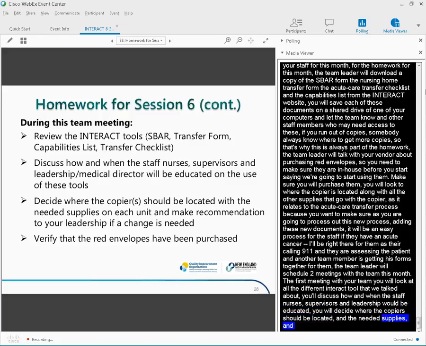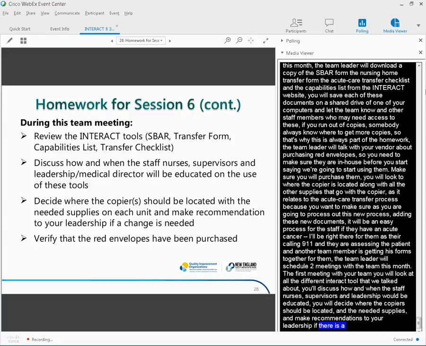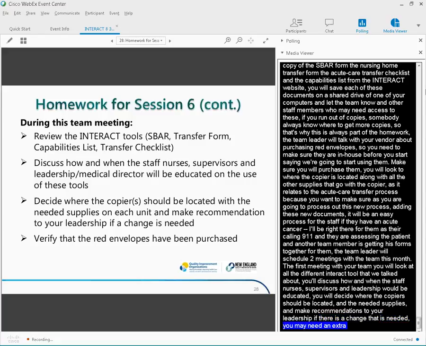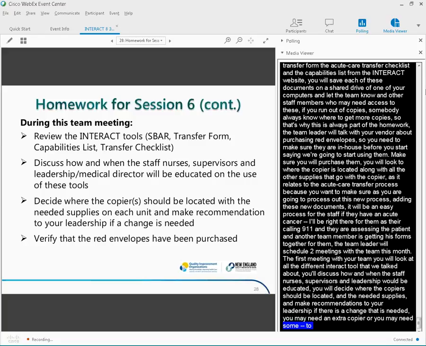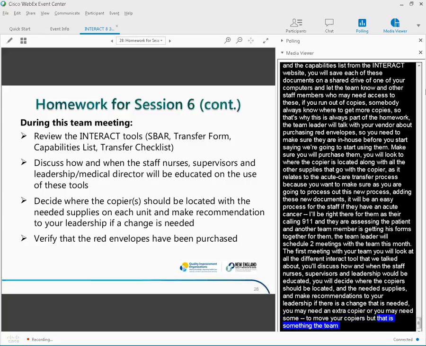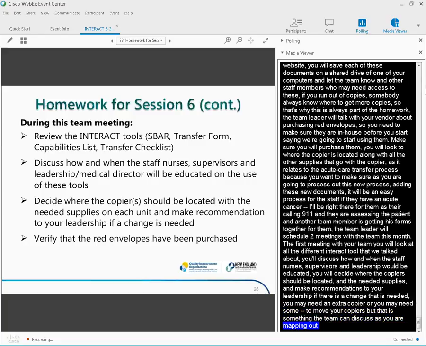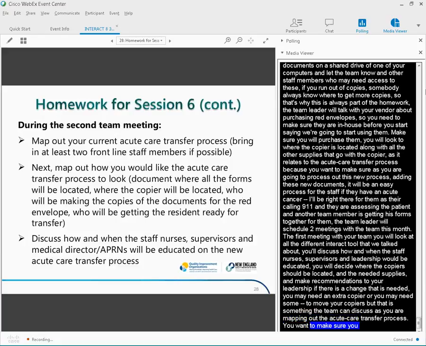For example, you may need an extra copier, or you may need to move your copiers. The team can discuss that as you're mapping out the acute care transfer process. You also want to make sure you have the red envelope in your facility from your vendor.